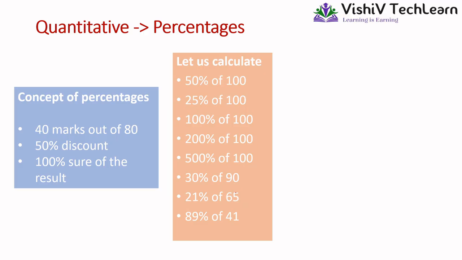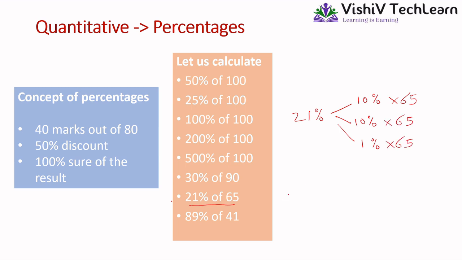And that trick we will learn here. In case of 21% of 65, we are going to split this 21% into two parts, or let's say three parts. First part will be 10%, second part will again be 10%, and third part will be 1%. Now 10% of 65 we will consider, again 10% of 65 and 1% of 65.